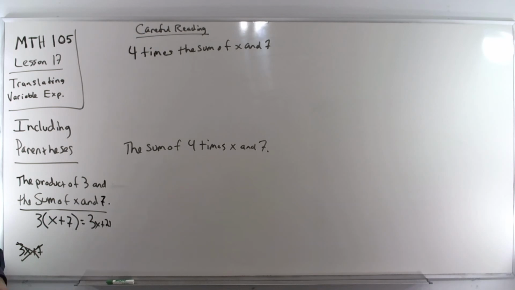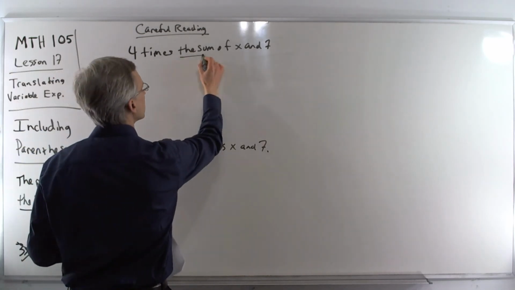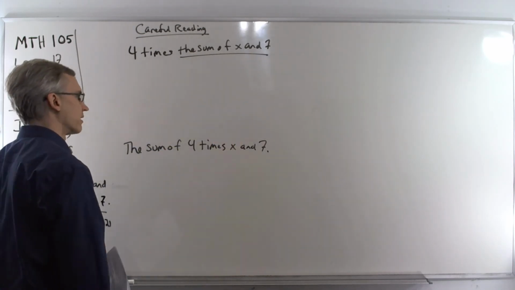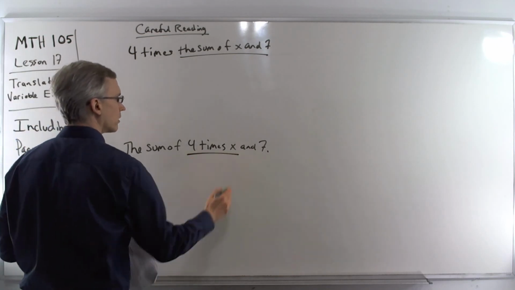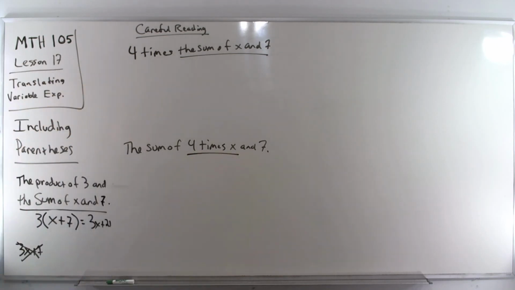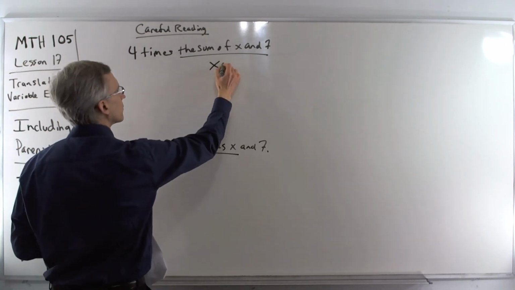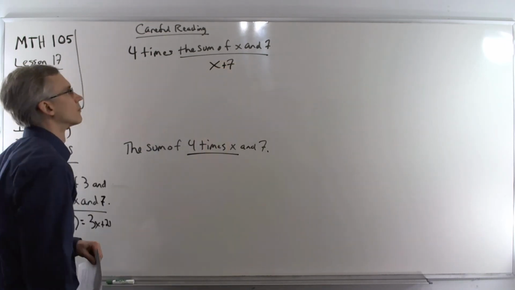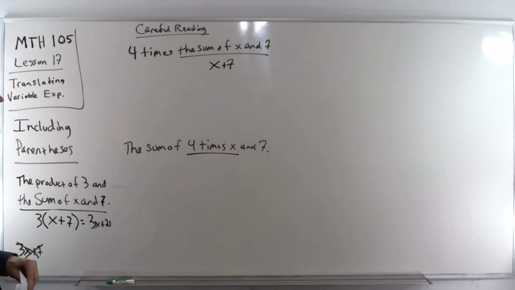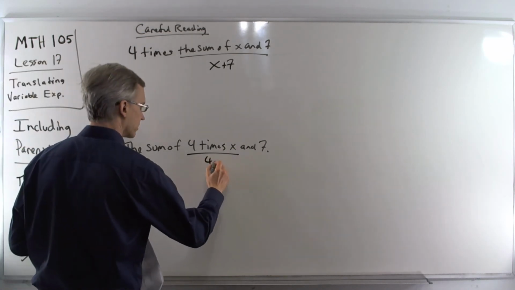So let's start by identifying the simple expressions in both of these. Right, we have the sum of x and 7, and the bottom one's 4 times x. Right, and down here we got 4x.